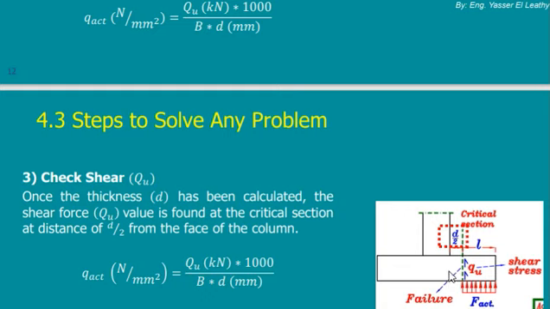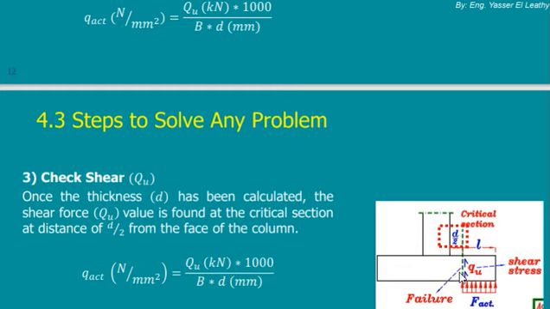Below the column you cannot shear, but starting from the area where you can shear, what resists the shear? This area resists the shear. Which area is resisting my force for shearing? It's this thickness by the perpendicular dimension. So I take the load, divide it by this area, and I get the shear stress on the foundation.